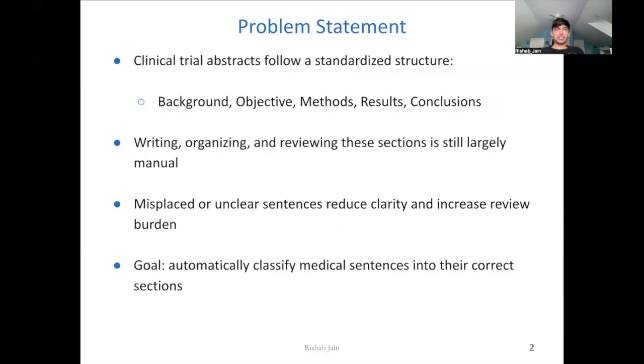Despite the standardization, writing, organizing, and reviewing these abstracts is still largely a manual process, and so sentences can easily be misplaced, and reviewing large volumes of literature can be time-consuming. And so the goal of this project was to automatically classify individual medical sentences into their appropriate abstract sections, which hopefully reduces manual effort and improves consistency.